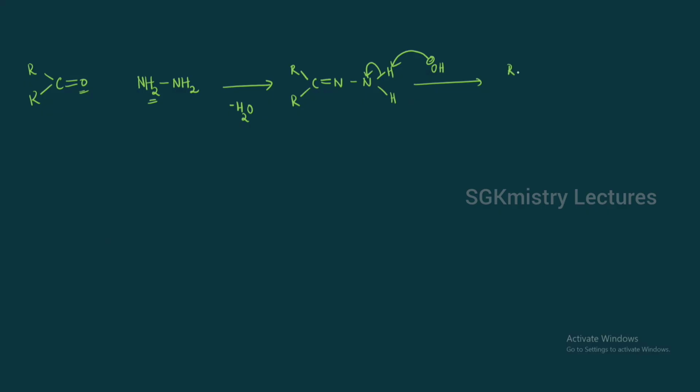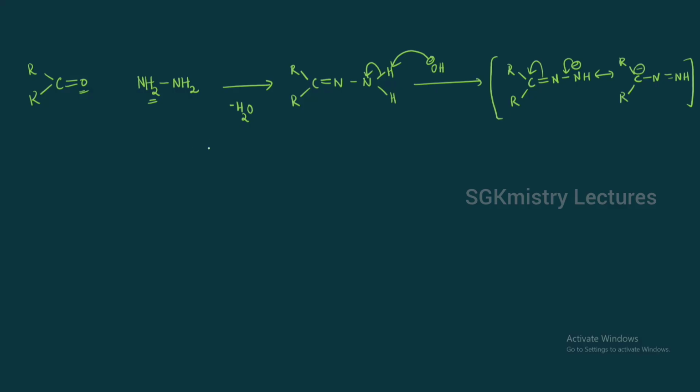So I can write it as R, C, R, here double bond N, here N minus, right? And there is one H also along with the nitrogen. So now this charge can shift here and the bond can shift to the carbon so that the carbon gets the negative charge. So I can write it as here, this as minus charge, here N double bond NH, right?